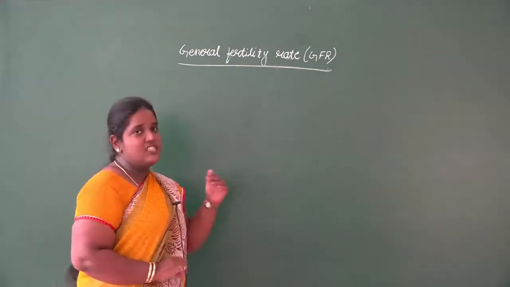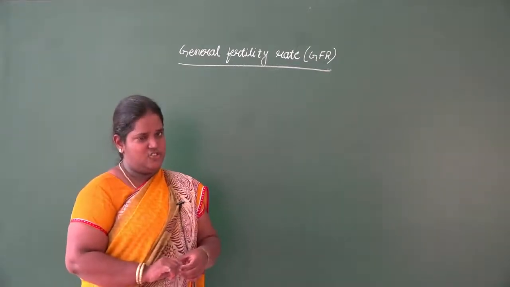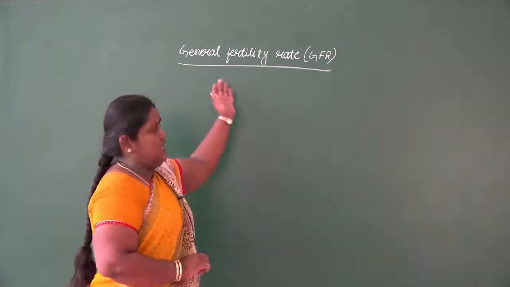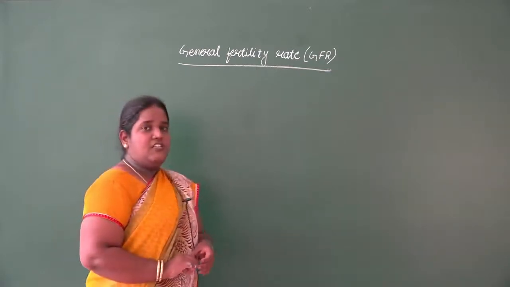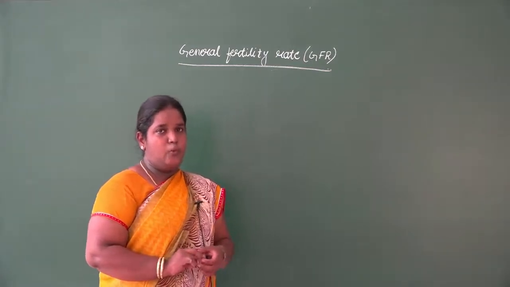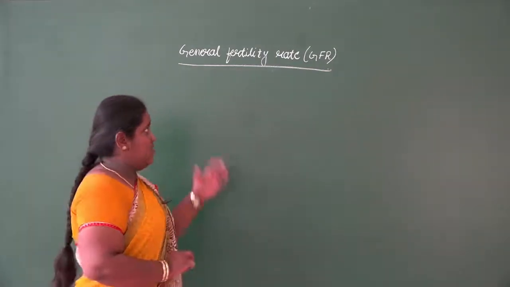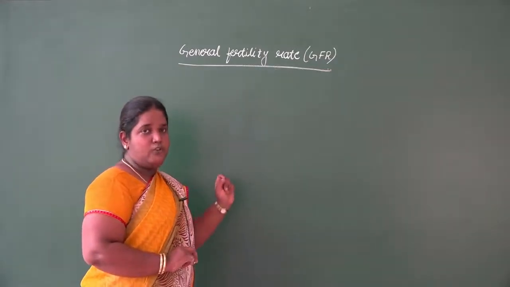So we cannot consider the male population, we have to consider only the female population. Due to this, we'll be studying the general fertility rate, where general fertility rate is the average number of births occurring to 1,000 women of childbearing age. So here we'll be considering only the childbearing age of the woman.